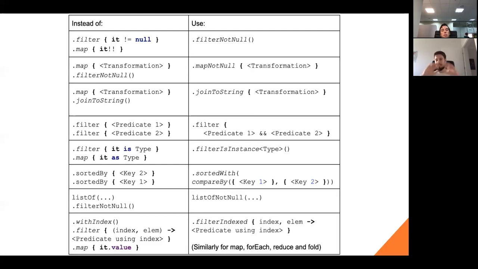So instead of adding an index, wrapping everything with index, and then doing things like filter and other operations, you can just use mapIndexed, filterIndexed, forEachIndexed, reduceIndexed, and foldIndexed. So if you need an index, you have indexed variants.